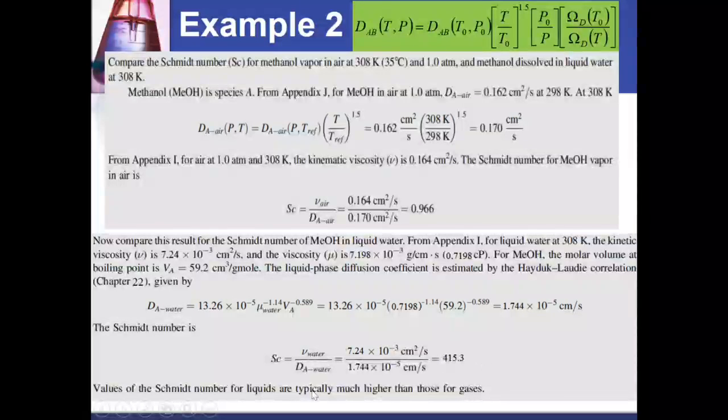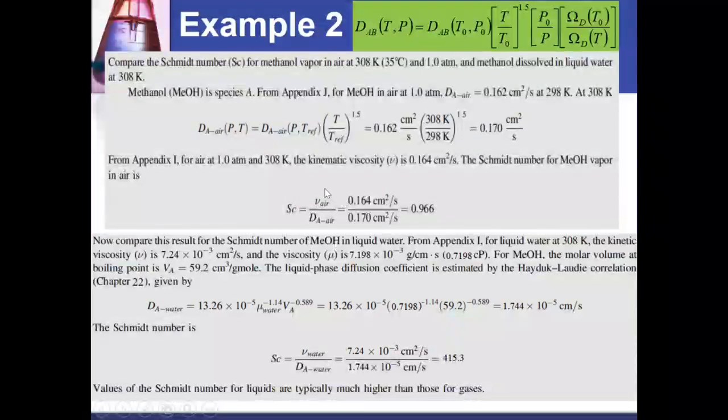And this is the normal case or the typical case, that the Schmidt number at the same temperature in liquid phase is usually several times higher than the Schmidt number in gas phase. So this is like 420 times higher than the Schmidt number in air at the same temperature.